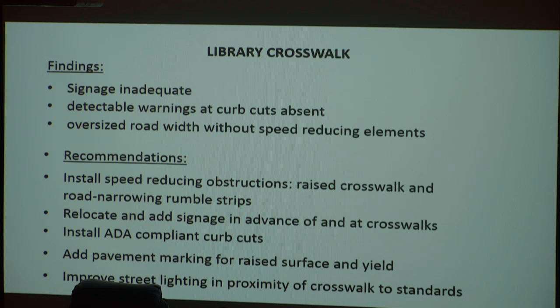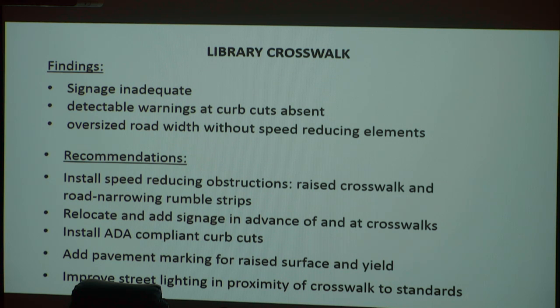So the recommendations are pretty straightforward. The first thing to address is how big that 26-foot wide area is in terms of contributing to high speed and pedestrian risk. So they're looking at that, and their recommendation is to raise the crosswalk and add road narrowing rumble strips.